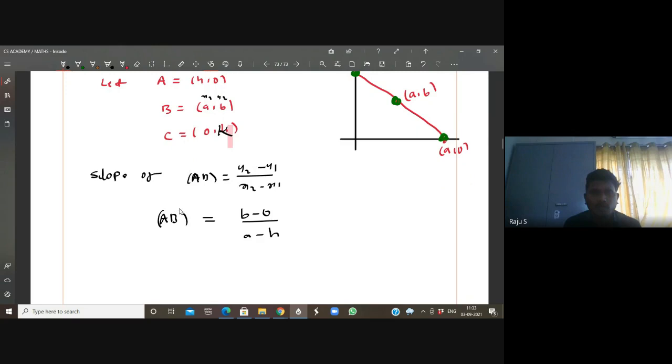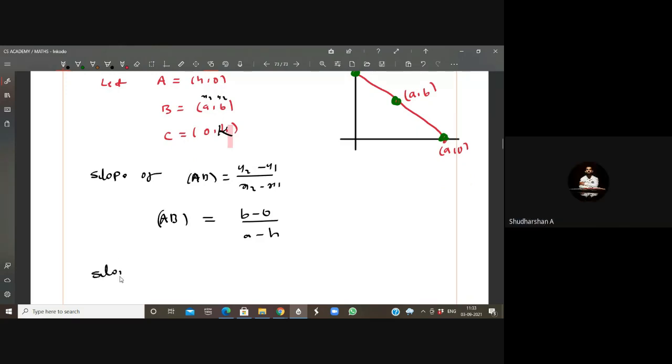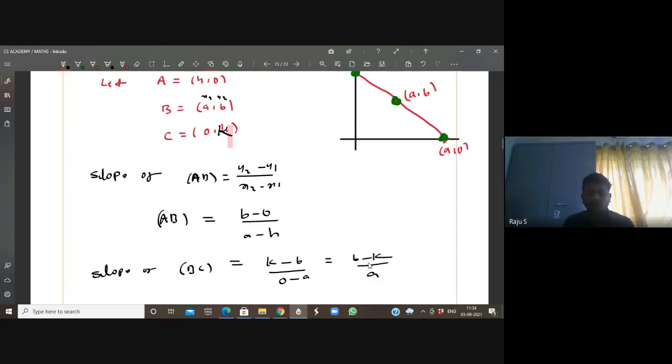Next, the slope of BC, if we equate, we can find it, sir. Here, (k minus b) by (0 minus a) is the formula. So we should cross multiply, sir.